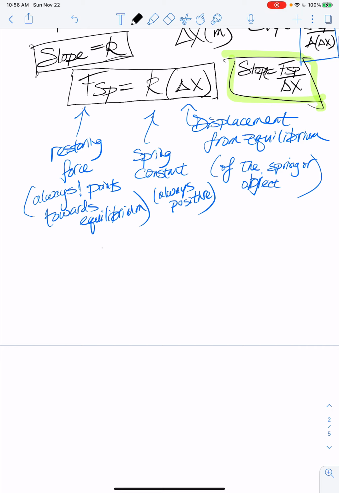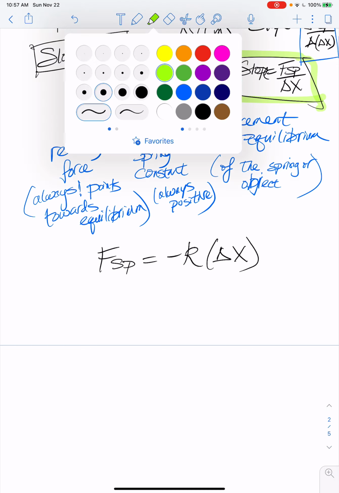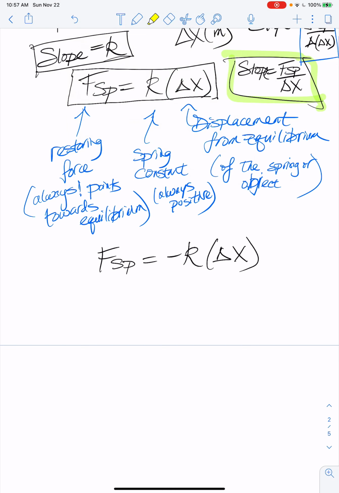But you also see Hooke's law written like this in the textbook. All right, and this negative sign is helpful, but at the same time kind of problematic, because you're like, well, how can it be there sometimes and not there other times? What the negative sign tells you is that the force spring is restoring.